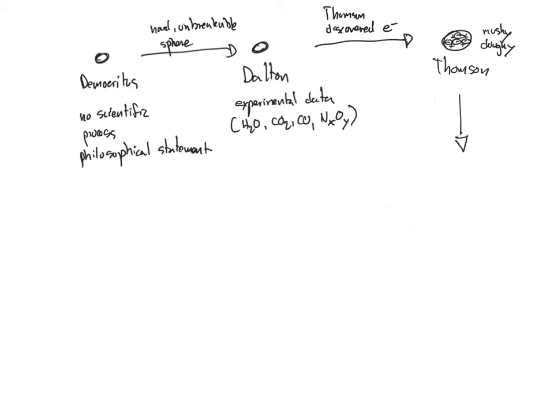Then the next model is Rutherford. Why? Because he did the gold foil experiment, and from the result he realized that the atom is mostly empty space. That's why I'm making a dotted circle, because it's empty, with something very hard and positive in the middle.